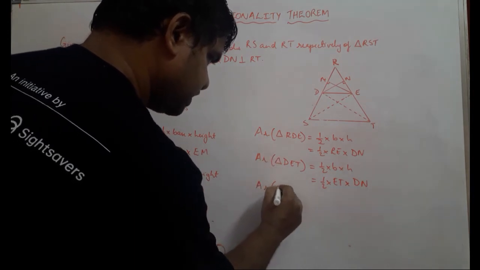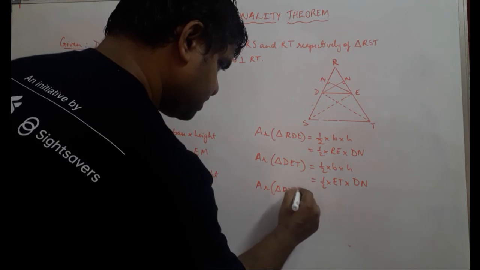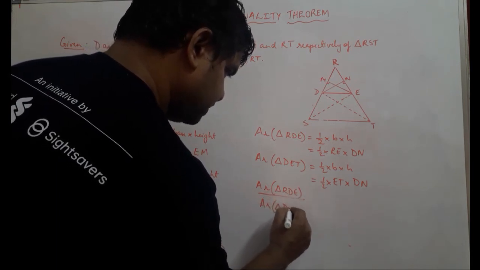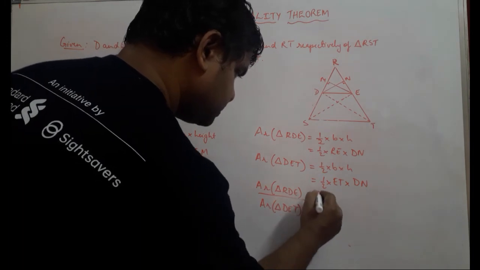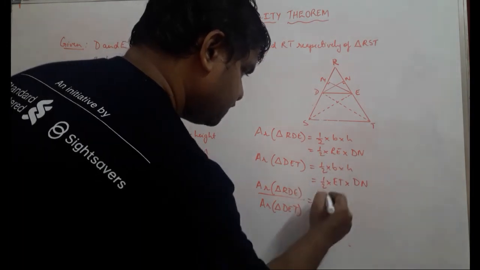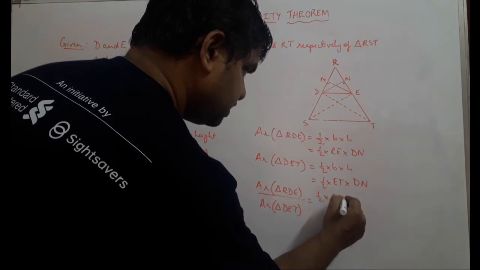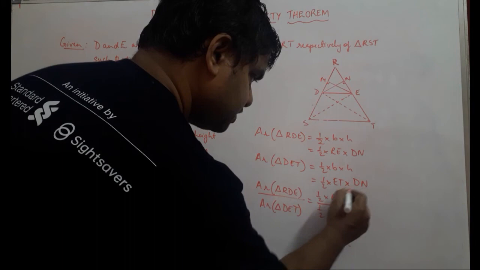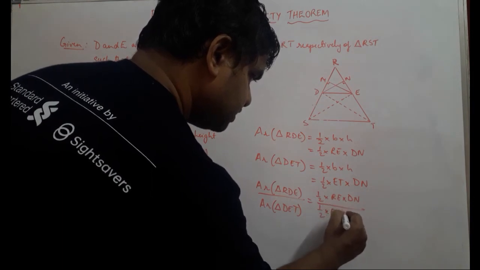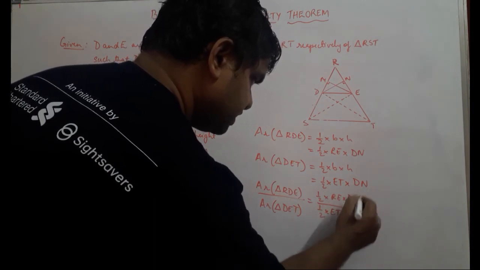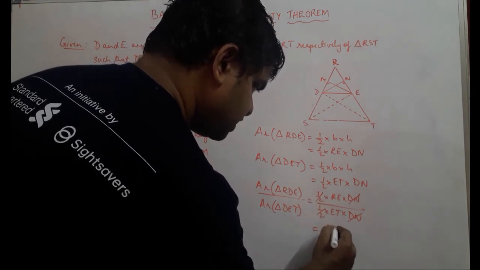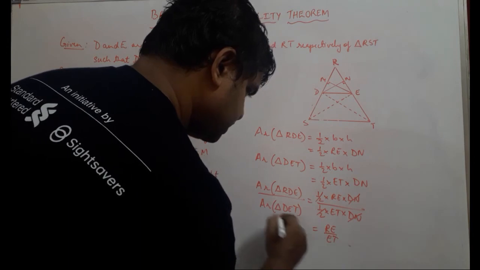So area of triangle RDE upon area of triangle DET can be given as half into RE into DN, whole thing upon half into ET into DN. DN and DN cancel, half and half cancel, and we are left with RE upon ET.